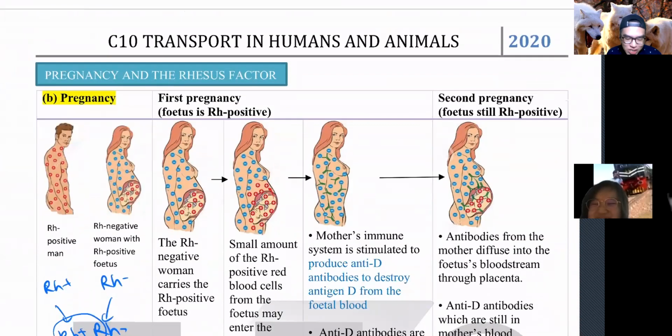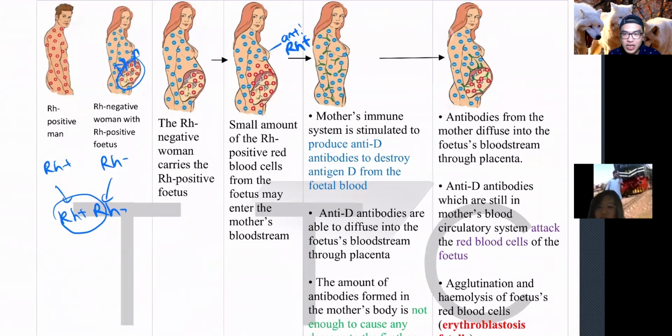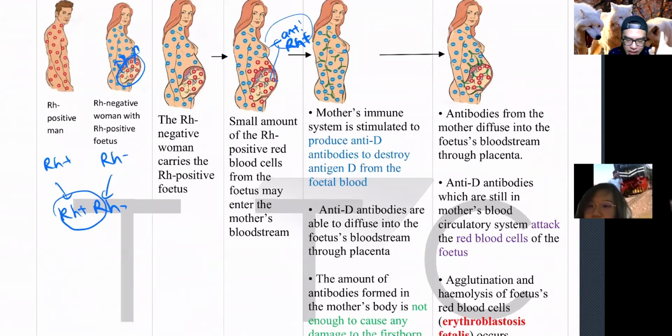So anyway, if this baby is rhesus positive, it's all fine during the first pregnancy. Why? Because this rhesus positive will go to the mother, so the mother will start producing anti-positive, but before the antibody can go and attack the baby, normally the baby is already born.